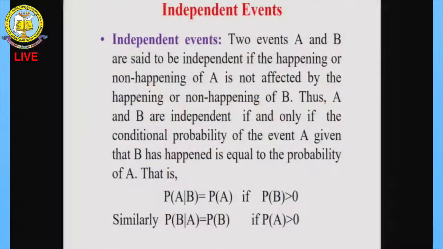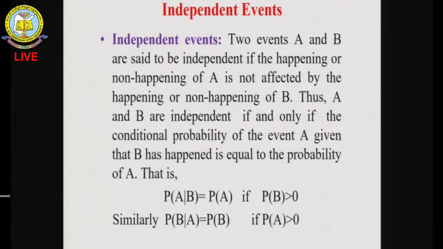Sure, Dr. Vijay. As sir said, in addition to that we have to add a few more things. If you define independent events statistically, two events A and B are said to be independent if the happening or non-happening of A is not affected by the happening or non-happening of event B. That means whether the other event is happening or not.